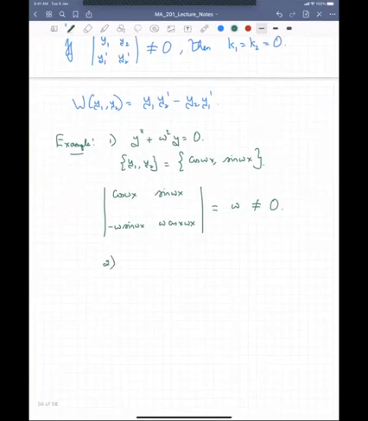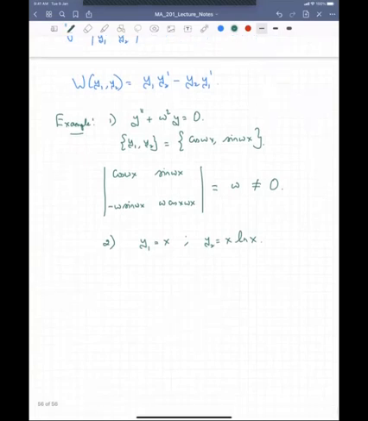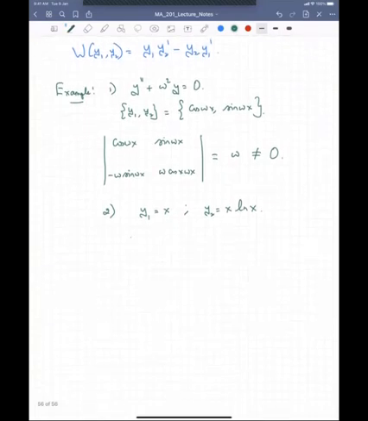Let us take another simple example. Remember that one of the examples that we worked out was reduction of order. We had one solution y1, and the second solution is x log x or x squared log x. I don't remember, but both of them would work. So let us figure out the Wronskian for this case also. Put the solutions on top, x and x log x, and the derivatives down below.